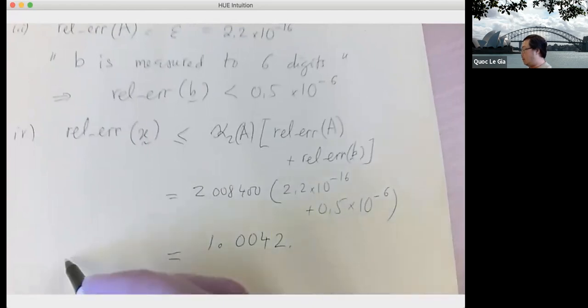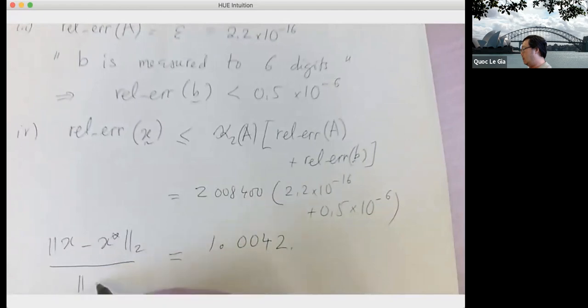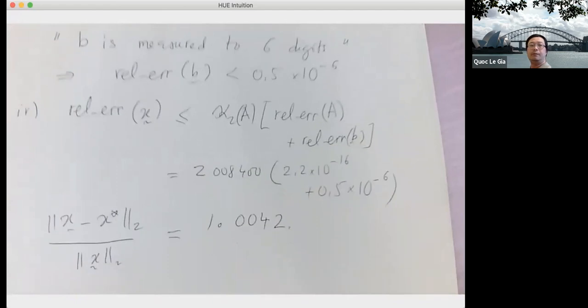So what is the relative error? Remember the relative error in X is the two norm of X minus the approximation of X, divided by the two norm of the vector X. Even if the matrix is not exact, there's still an error of epsilon. It's a good question. If a matrix is a real matrix and you store it in a double precision system, it still has an error of epsilon.